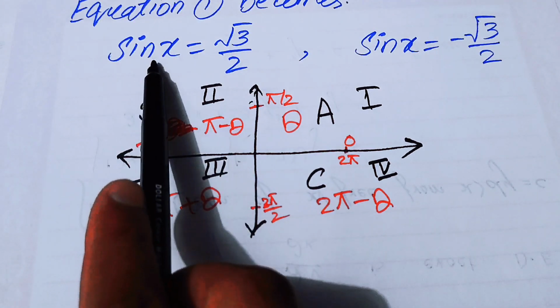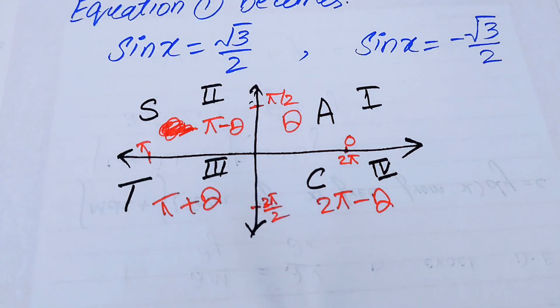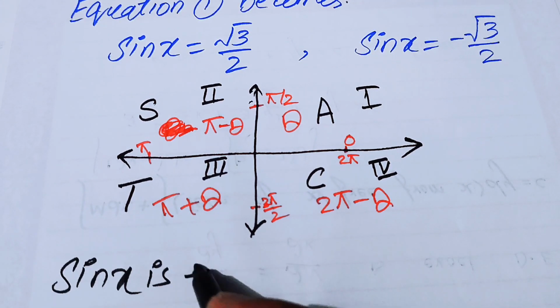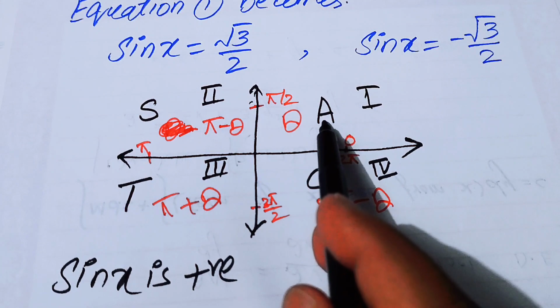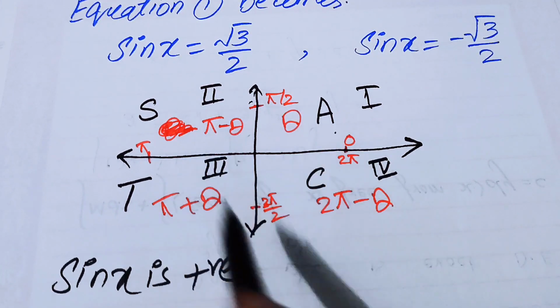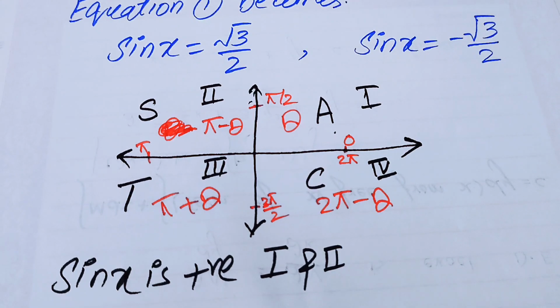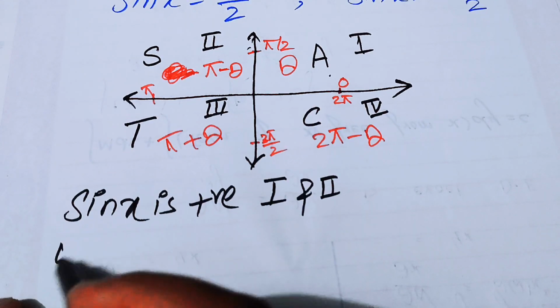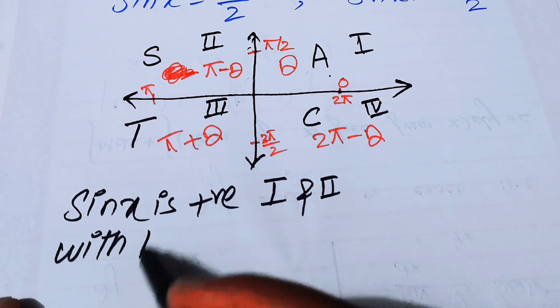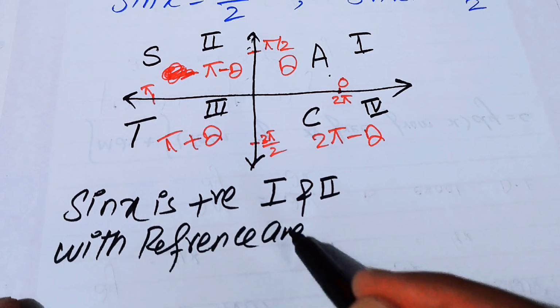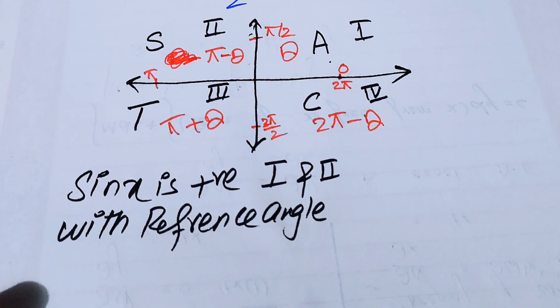Here you see that sin x is positive, and sin x is positive in the first and second quadrants, because of A and S. Now you know about the reference angle. The reference angle is the angle with respect to the first quadrant.